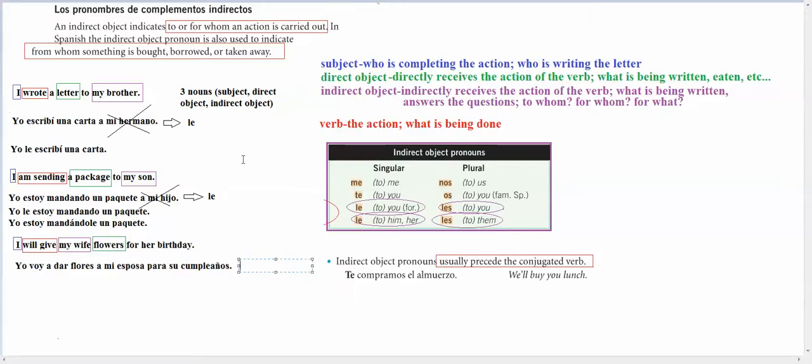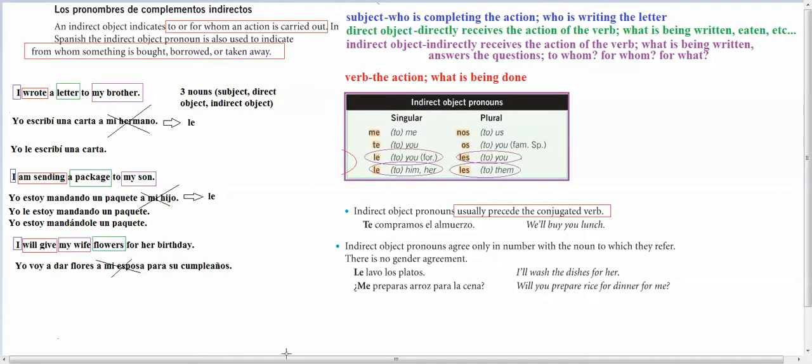Well, if we want to replace this and use the pronoun for the indirect object, it is my wife. Okay, and we're still going to use le because there is no gender distinction. Indirect objects agree only in number with the noun to which they refer.